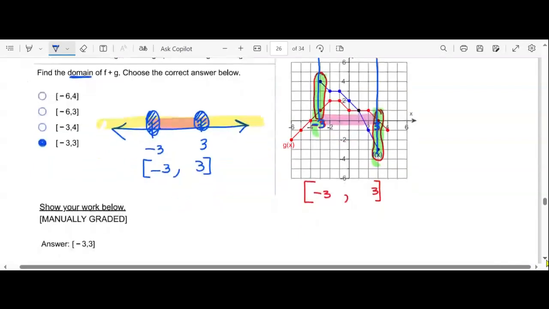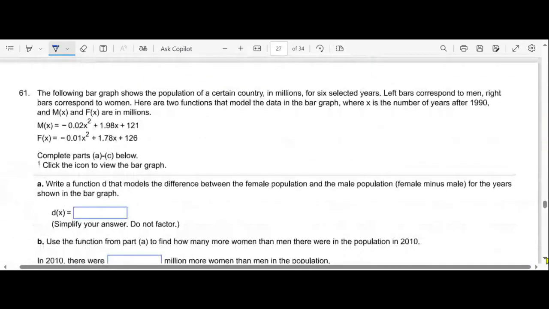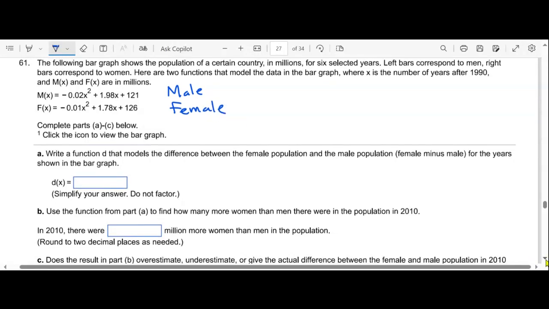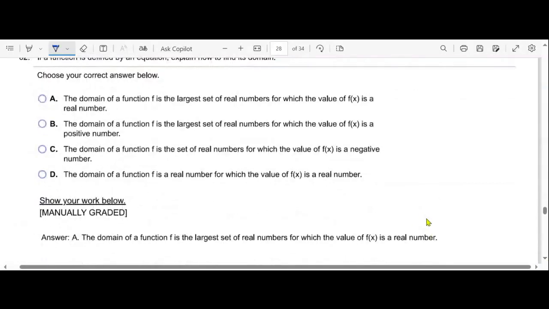Okay. Let's go to the next one. We took this before, right? Male and female? Yes. So we already covered this, right? Yes. Good. And this one is theoretical.